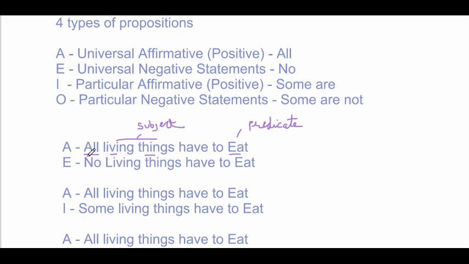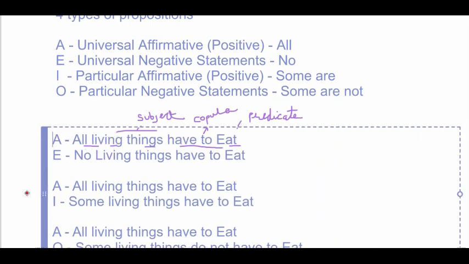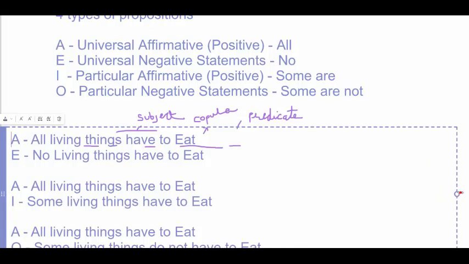Okay. Now, the middle part, have to. It's linking the subject and the predicate. So that is known as the copula. Okay. So now let's break this up further and make a logical form of this. So we have here a proposition type.